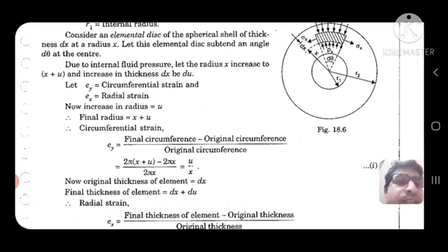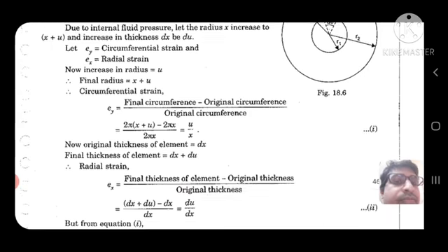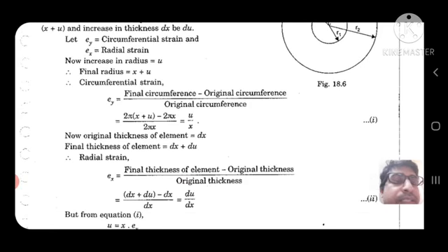Circumferential strain Ey is equal to final circumference minus original circumference divided by original circumference. That is 2 pi times x plus u minus 2 pi x divided by 2 pi x, so that is equal to u by x. Now original thickness of element is dx, final thickness of element is dx plus du.